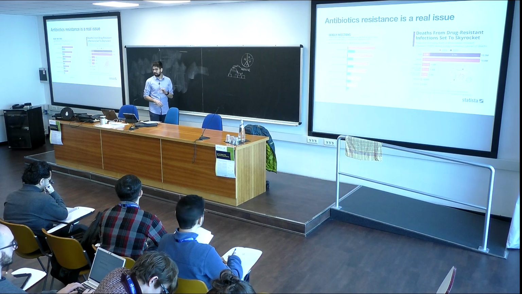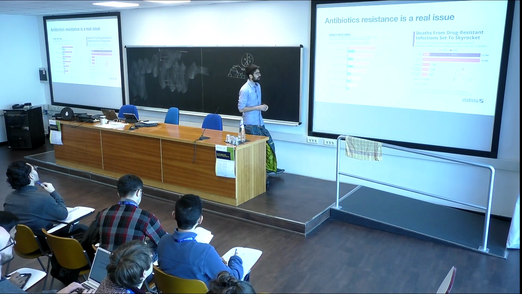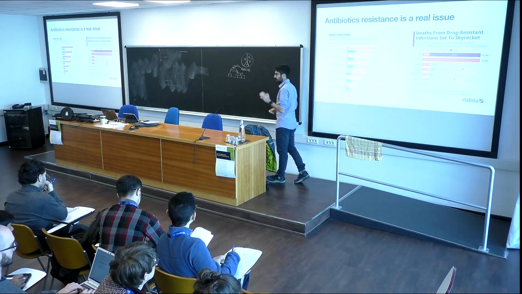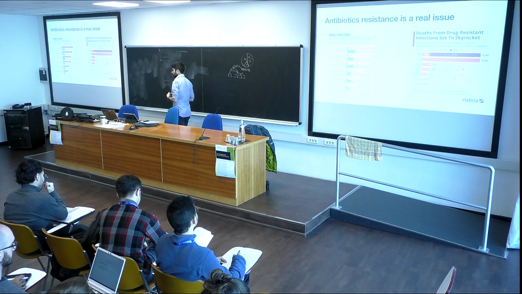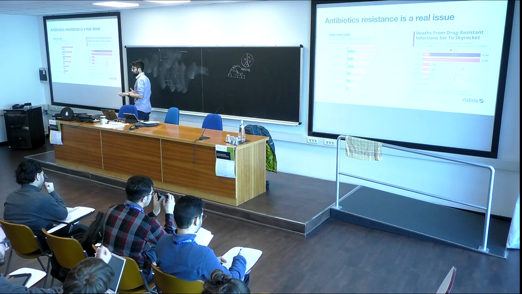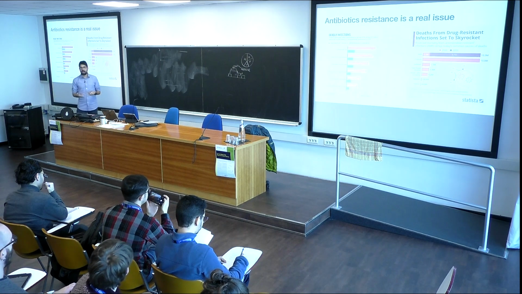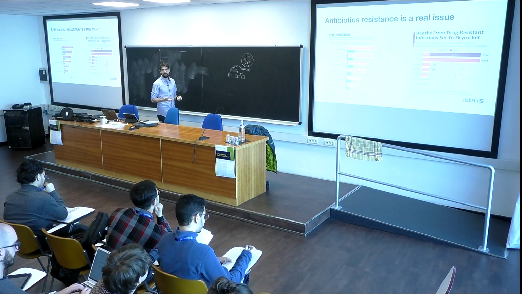Now, I don't know how much you are aware of this, but there is something you should be really scared of: there is a huge spread of antibiotic resistance. Basically, we have a finite amount of types of antibiotics we know, and bacteria can become resistant to these antibiotics.